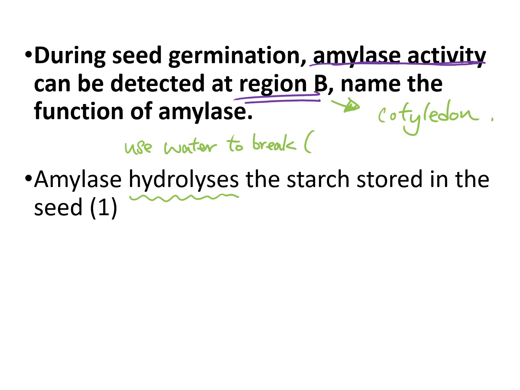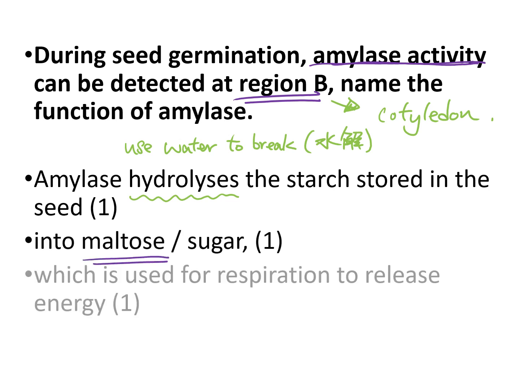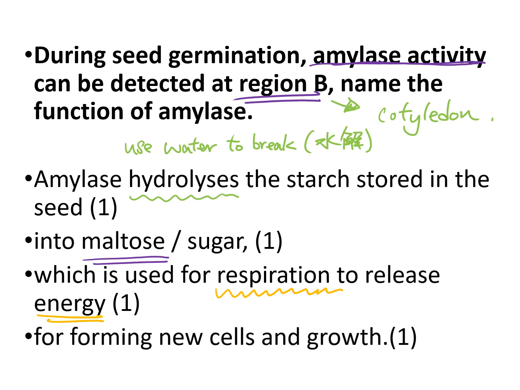Somebody in Chinese calls it 水解, 用水去拆解. Hydrolyze the starch stored in the seed into maltose, 麥芽糖. And then this maltose is used for respiration, to release energy, for forming new cells and growth. Very important. So you get 4 marks for this question.